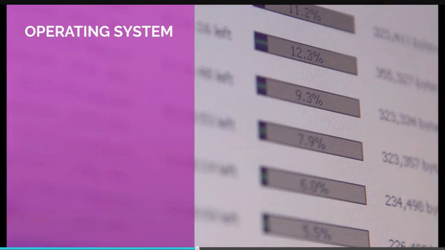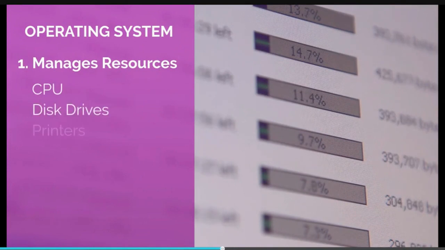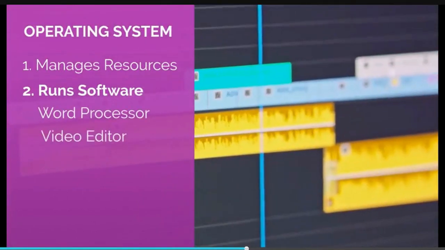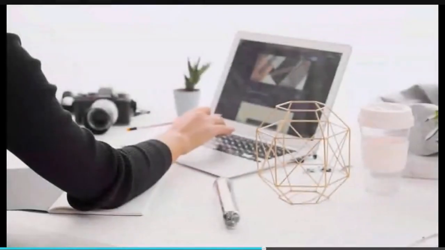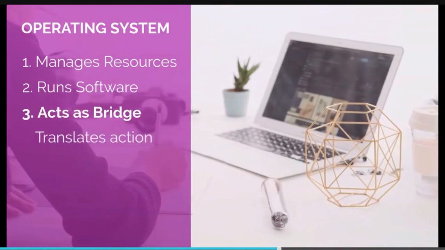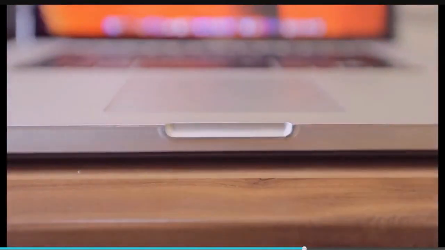The operating system on your computer or mobile device has 3 important jobs. First, it manages all the resources on your machine, like the CPU, disk drives, and printers. Second, it runs software. Programs like a word processor or a video editor need an operating system to support them. Finally, an OS acts as the bridge between the user and the machine. It translates your actions into a usable language for your computer. There are 3 major operating systems on the market today.